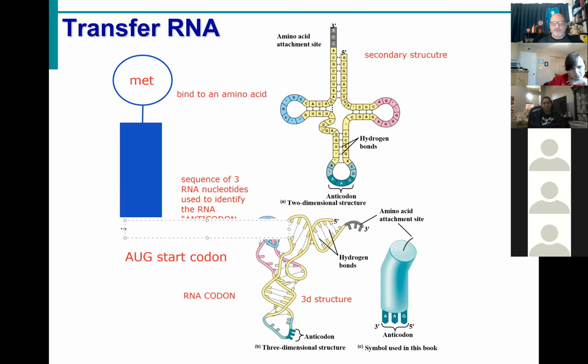There you go, UAC. So notice this particular transfer RNA with this anticodon will bring the methionine to the start codon. So our transfer RNA basically links the amino acids to the specific codons.